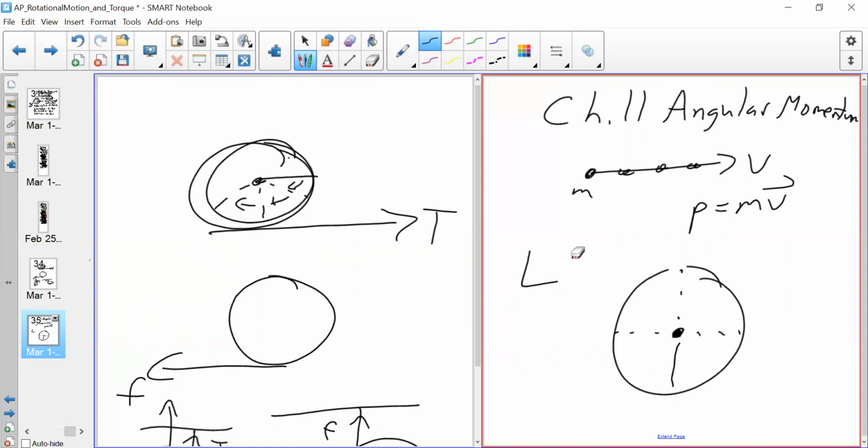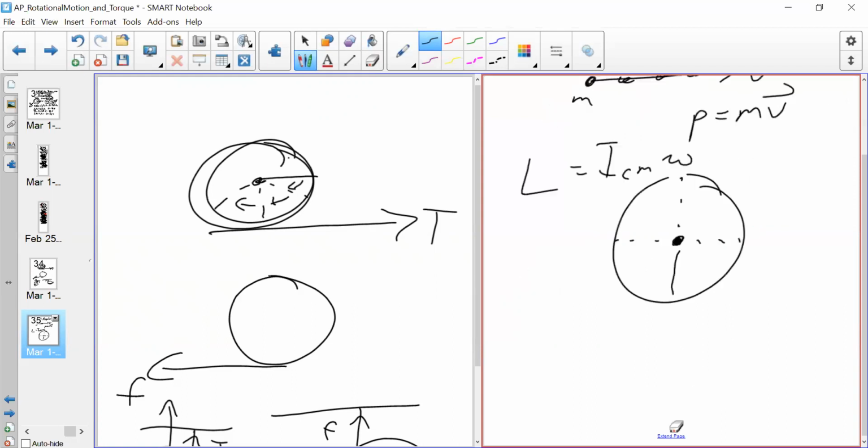So instead of just point mass, we have a distribution of mass, which is the moment of inertia. Not linear velocity, but angular velocity. So simply put, angular momentum is I omega, the rotational analog of this.